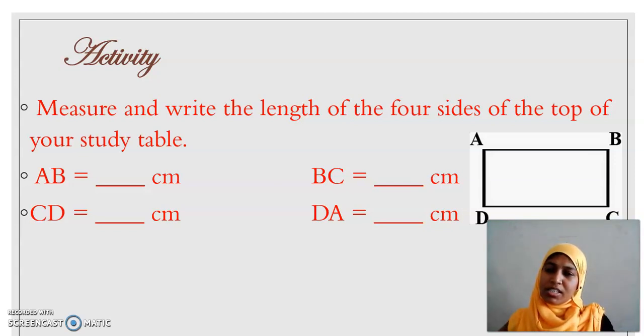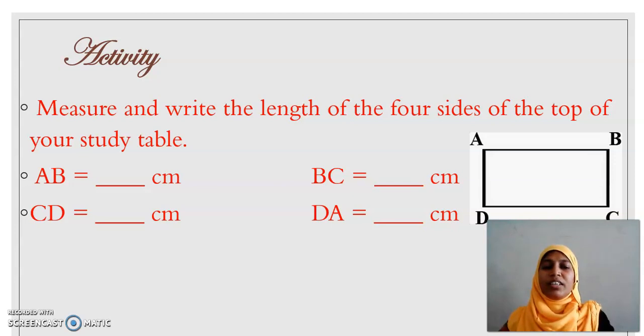And measure the next side, BC, the small side of your table. If it is a square table, no problem, you measure it. If it is a circular table, just go to some other table where you have 4 sides, because I planned this activity for a 4-sided shape. Hope you are all measuring.